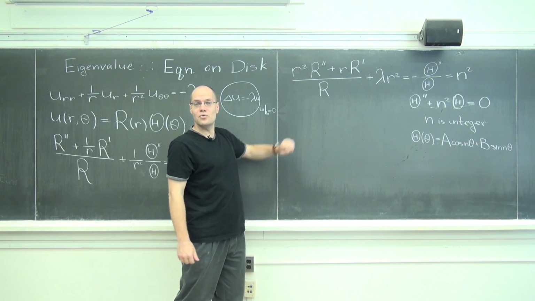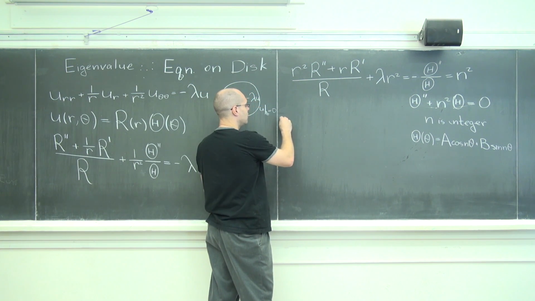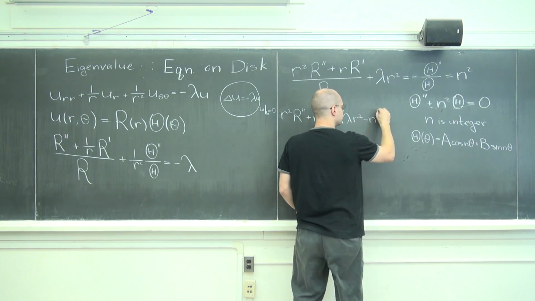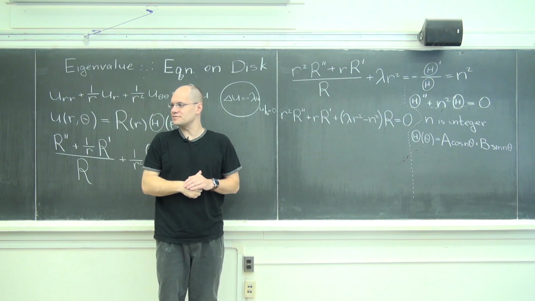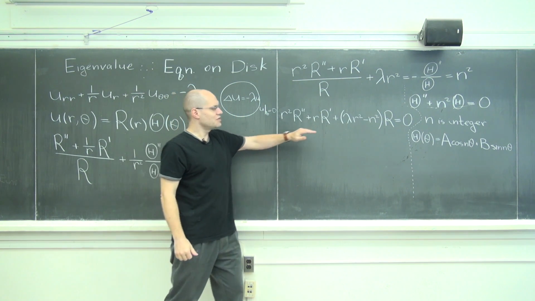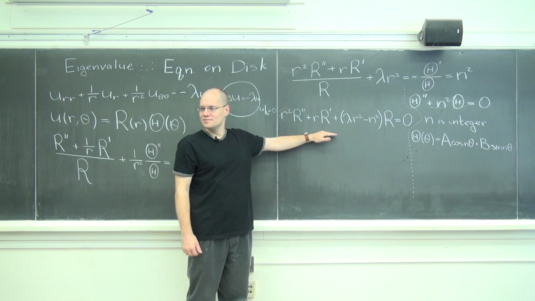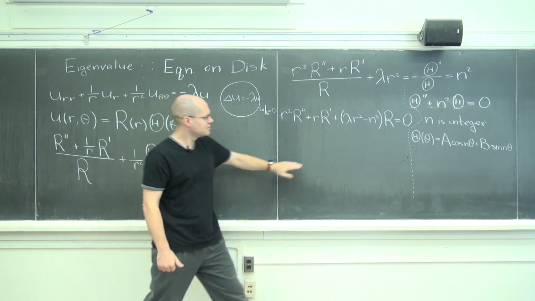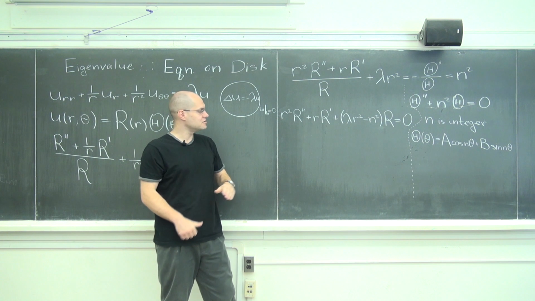So here we end up with the following equation. Let's be careful. That's our equation. This is called Bessel's equation. That's our Bessel, the stellar parallax Bessel. Let's ask the most fundamental questions about this equation.